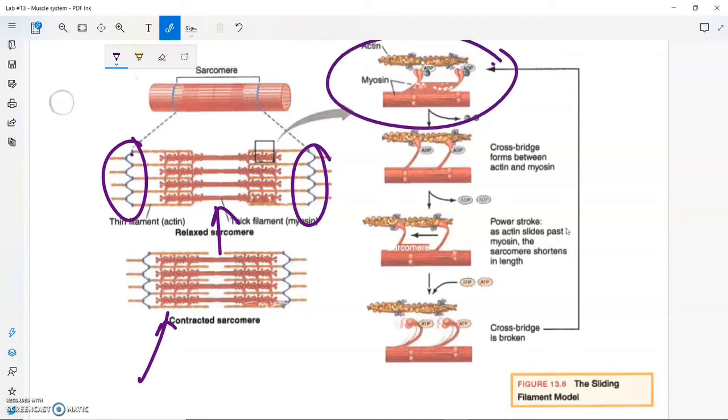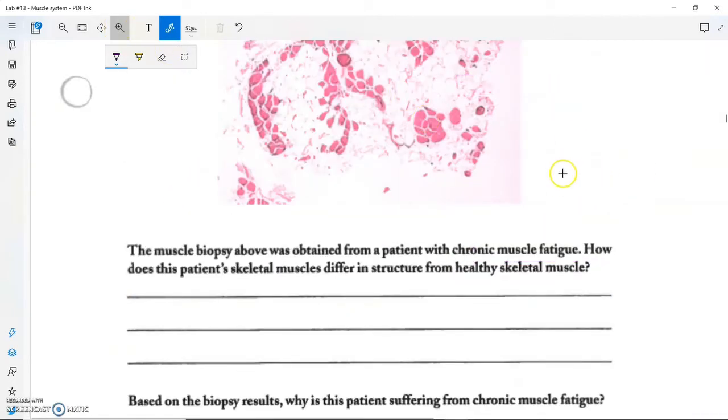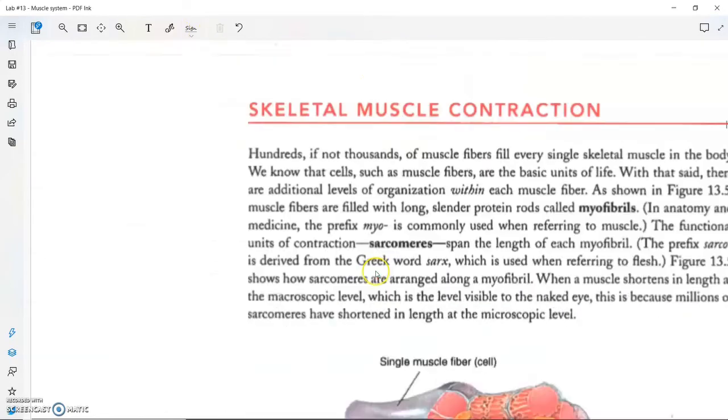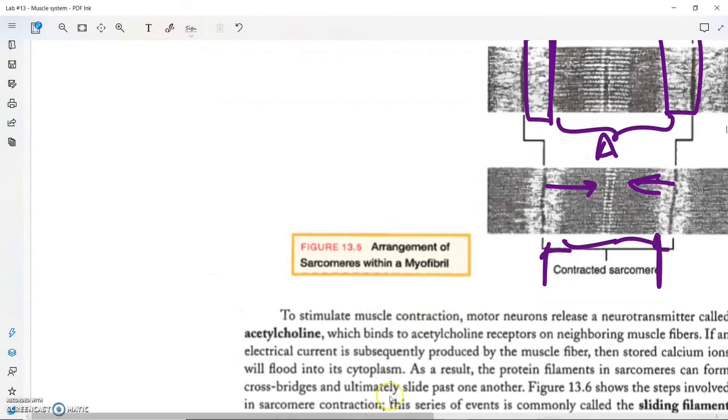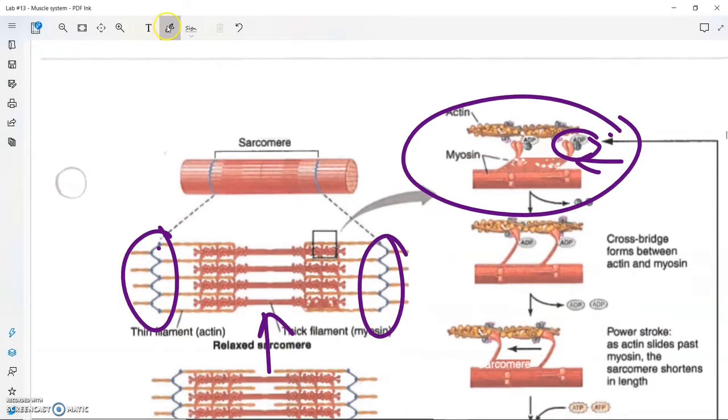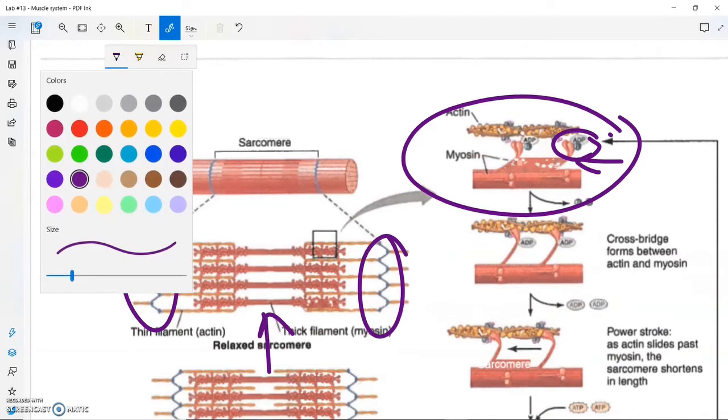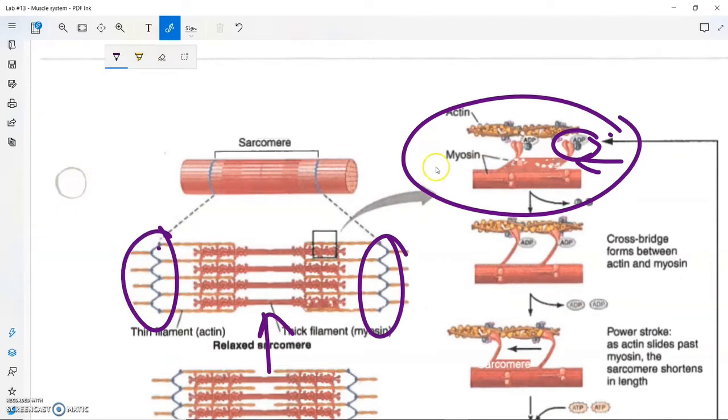So you see that the myosin heads right here break down ATP into ADP and phosphate. Let me enlarge it. You can see that they break down ATP, and then they release both ADP and phosphate.